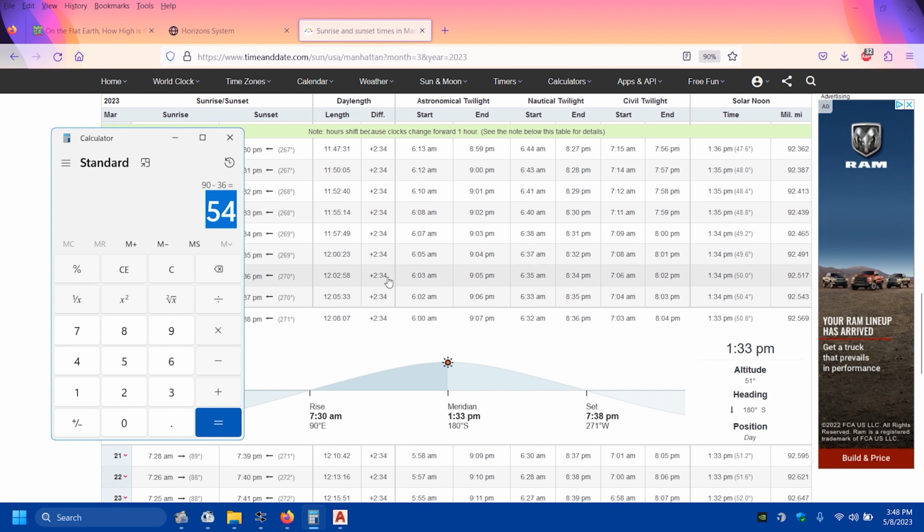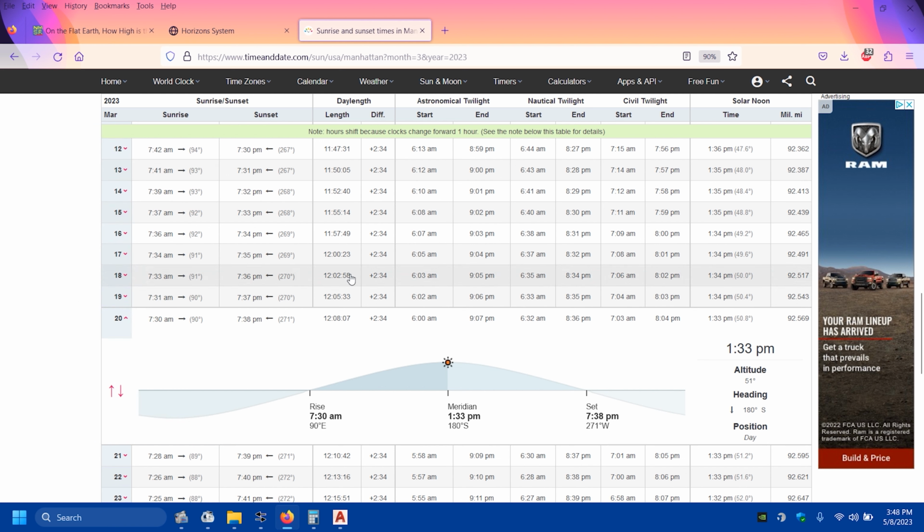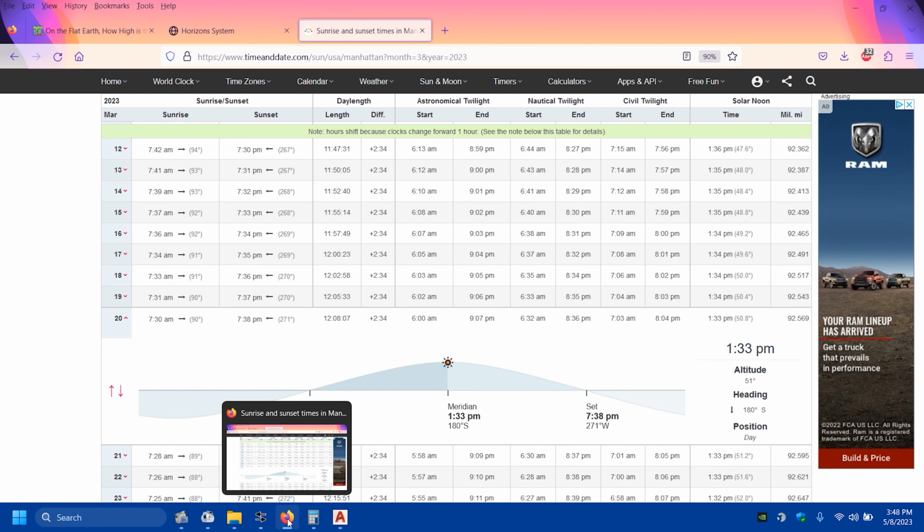So what you do is you take 90 minus 39.18 equals 50.82, which is 51 if you round it. So see if I match that latitude or altitude of the sun.